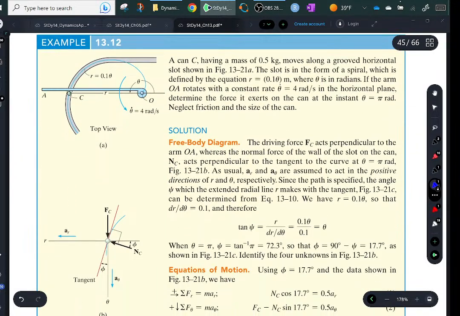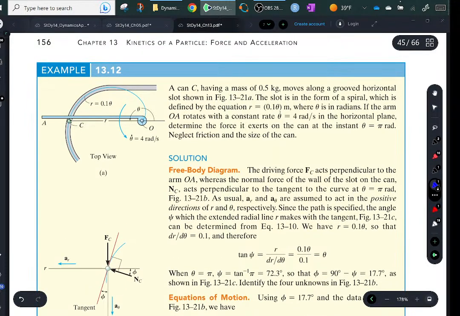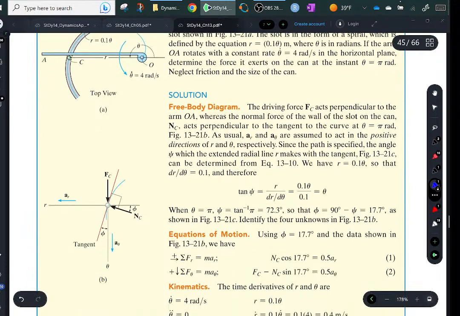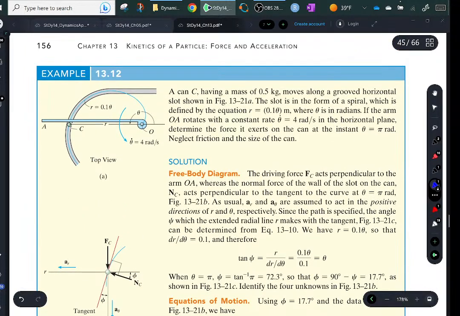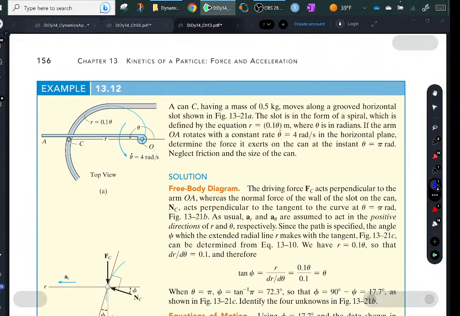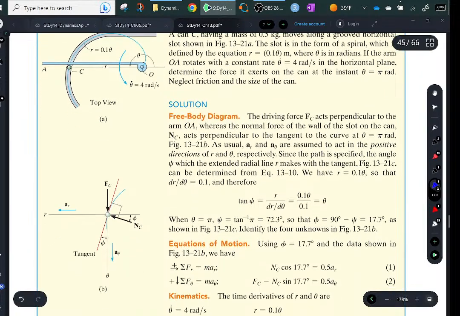Okay, this is the one. So here's a situation where you have to use that tangent. And I think maybe this is the one I did in that video, but I'll go find that, because his first thing is he goes in and does this. And if you're comfortable with doing that, that's fine.